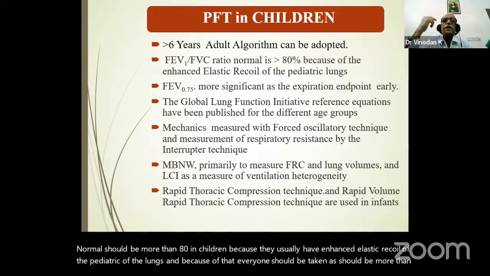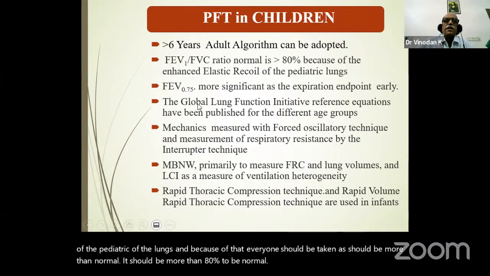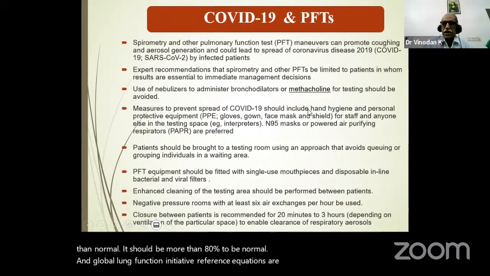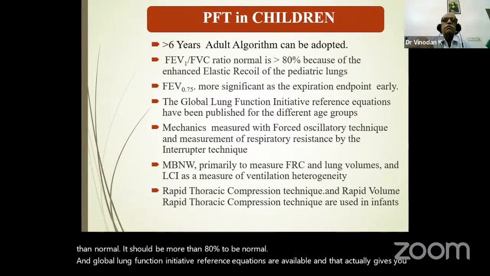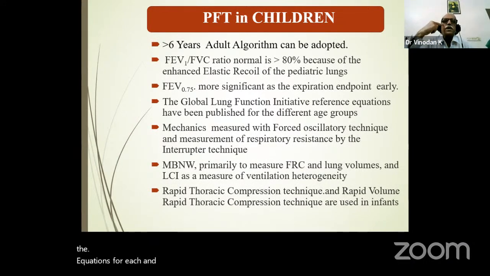It should be more than 80% to be normal. The Global Lung Function Initiative reference equations are available, and that actually gives you the equations for each and every different age group.